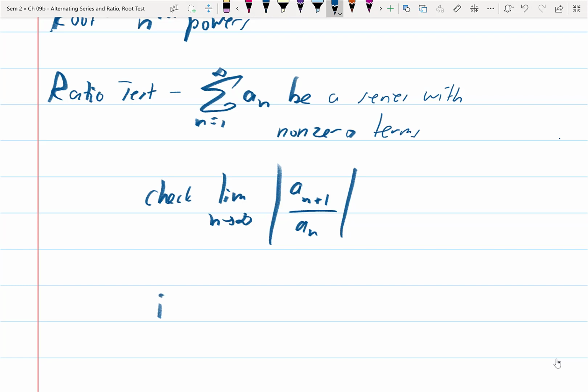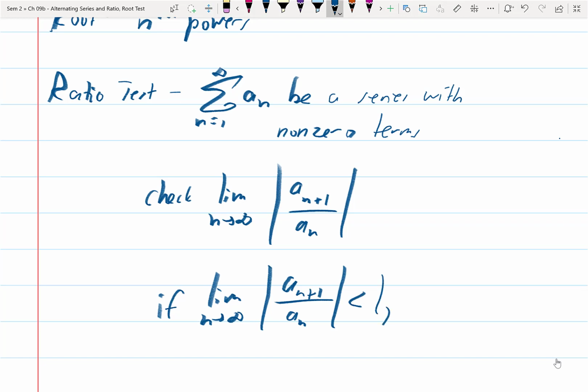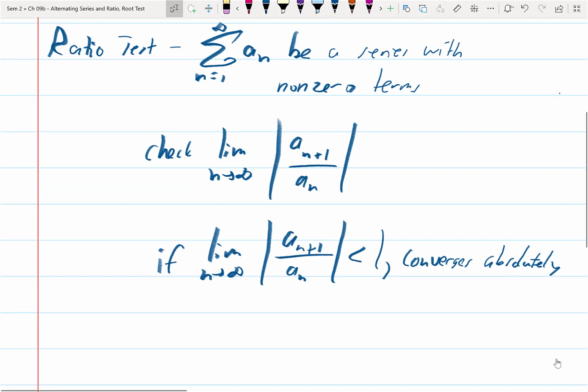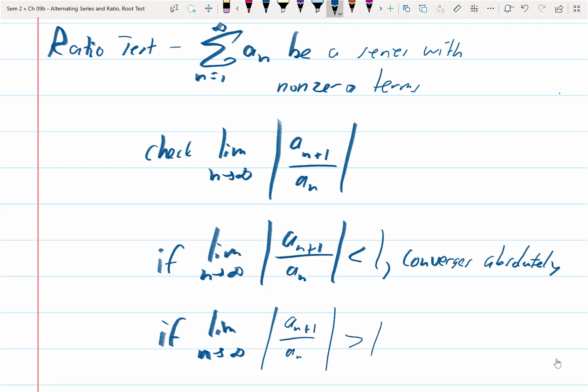before it. If the limit as n approaches infinity of the absolute value of a sub n plus 1 over a sub n is less than 1, this series converges absolutely. If the limit is greater than 1, it diverges.